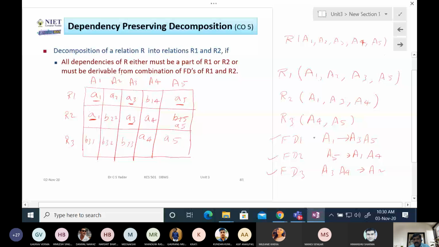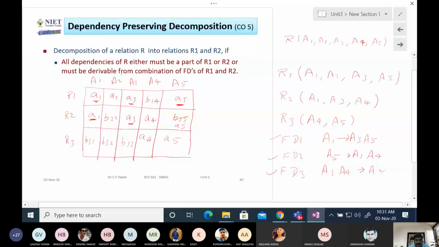Now check for this FD and then for this FD. If any of the rows contain all the A's, it means that it is lossless decomposition, otherwise lossy. Now for this, here B14 is replaced with A5, A1 and A4.